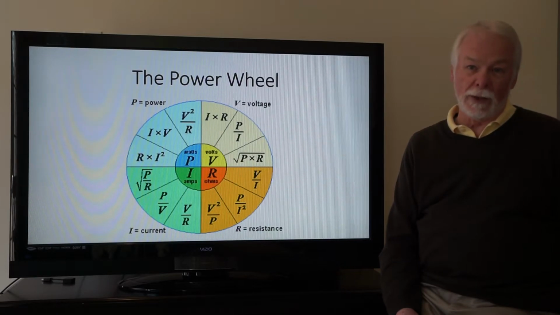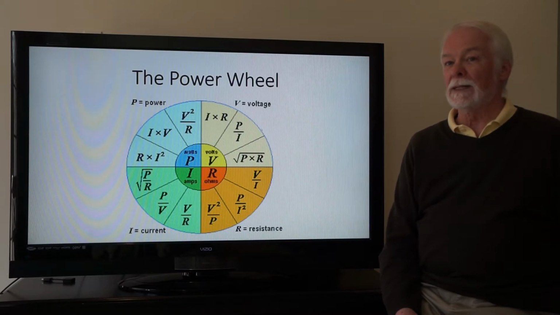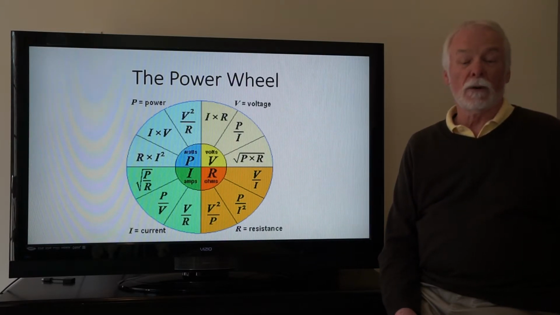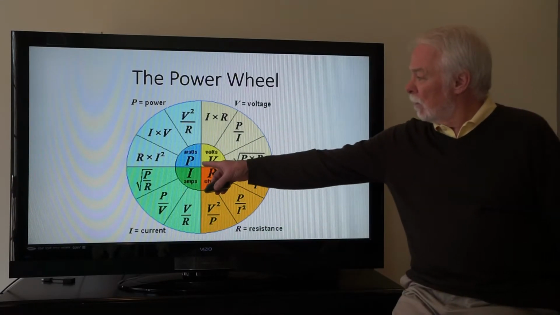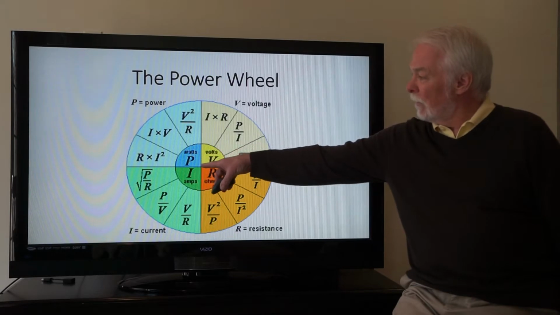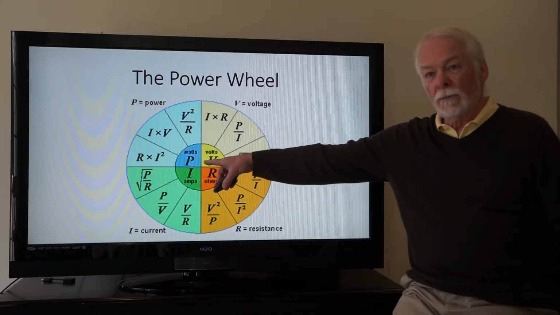Now, the other thing about it is that it can be an analytical tool for you sometimes. As an example, let's say we want to know which light bulb has the smaller resistance, a 40-watt bulb or a 100-watt bulb. Well, we could look at the 3 formulas available to us for power, because it's watts we're concerned with.